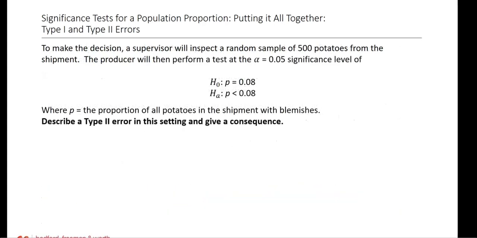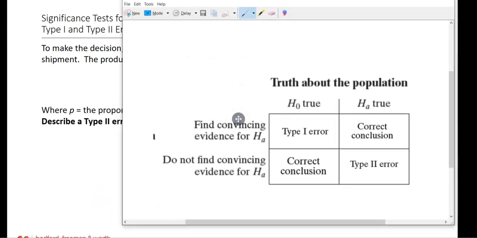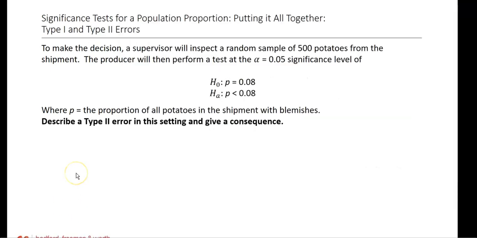What's a type 2 error? So let's think back to what a type 2 error is. That's when you fail to reject, you should have, and the null is actually false. So this is bad too. We should have sent this shipment back, but we didn't.